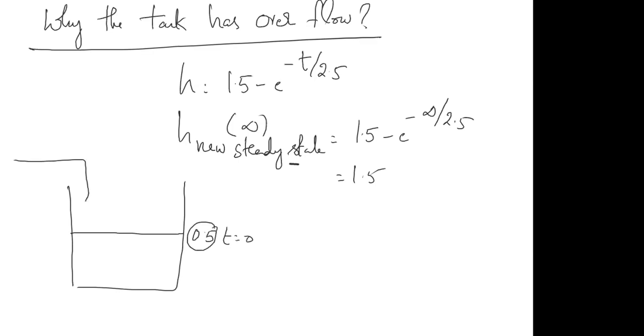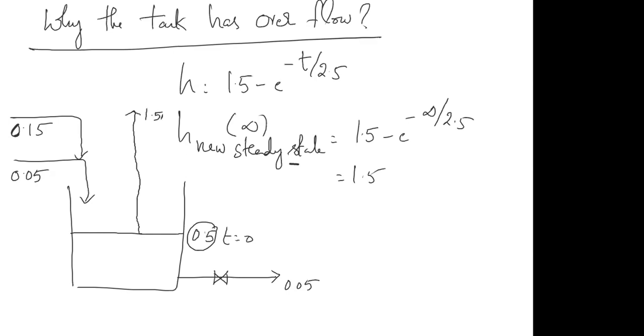Now suddenly at time t equal to 0, you have increased the inlet to 0.15. Then this height also increases and it is going to settle at a new height of 1.5 meters. But do you have that provision in a tank of, let's say, 1 meter? In a 1 meter tank, can you reach 1.5 meters? No. That is why we'll have overflow.